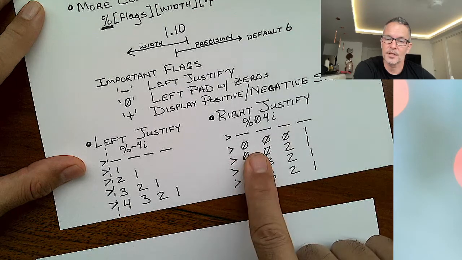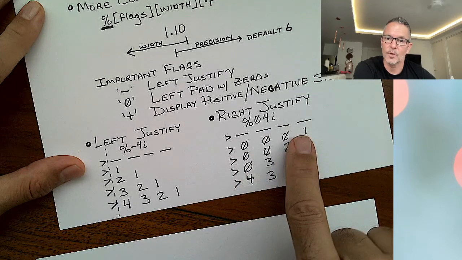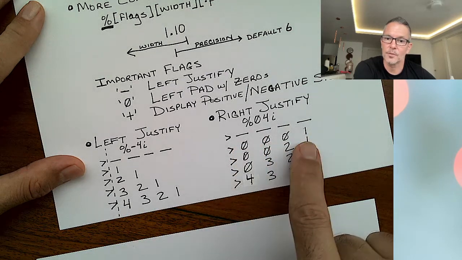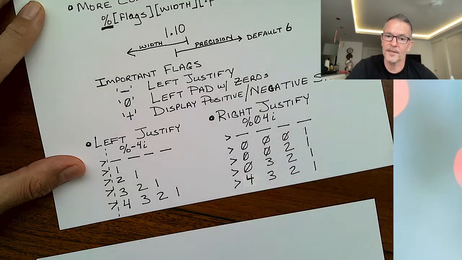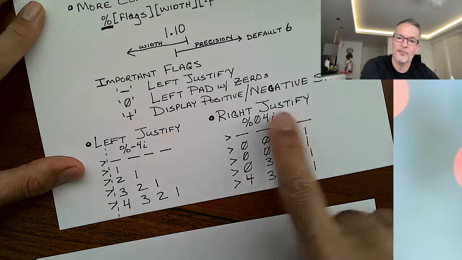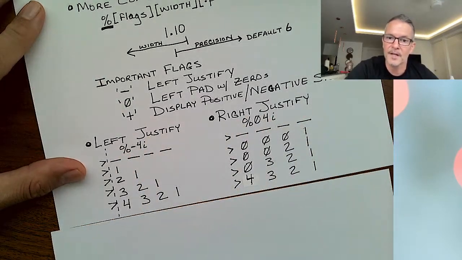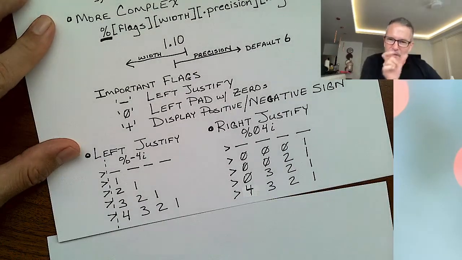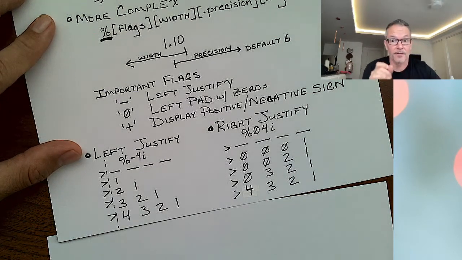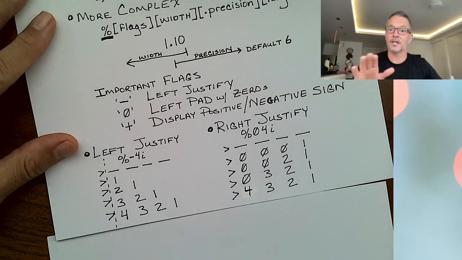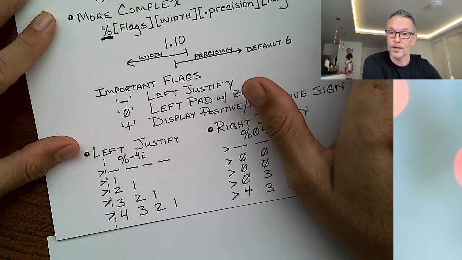So here's what it's going to look like. If I give it the number 1, it's going to print 0001. If I give it the number 21, 0021. You get the idea. But you can see here how the 4 in both of these format strings is making it so that the width of what's being printed out is always 4 characters, no matter what the number. However, if the number exceeds 4 characters, again, the computer will ignore it.